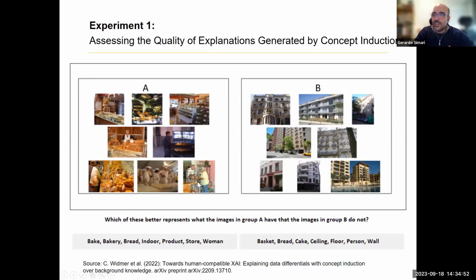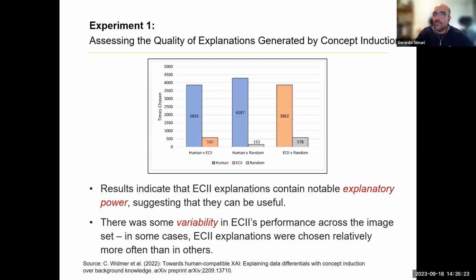In this case, the one on the left is human generated, and the one on the right is the one produced by the algorithm. Both the human generated explanations as well as all of the evaluations were carried out with people that were crowdsourced through the Amazon Mechanical Turk platform.